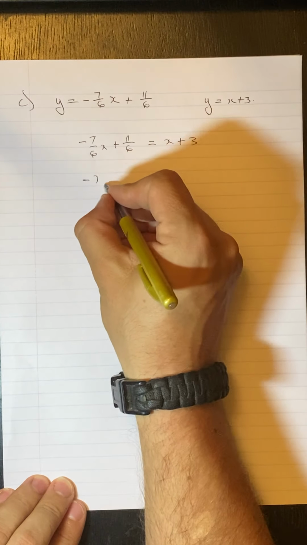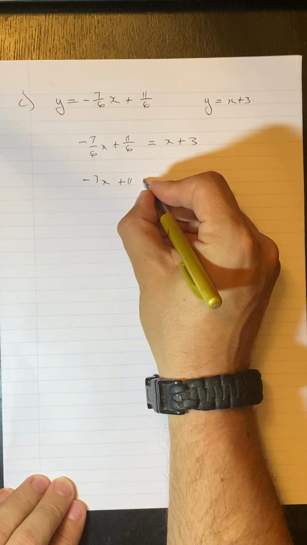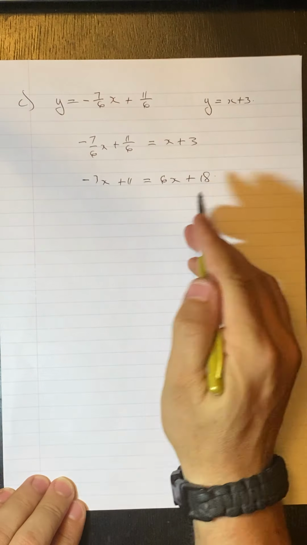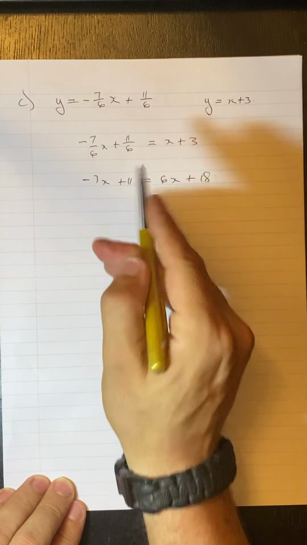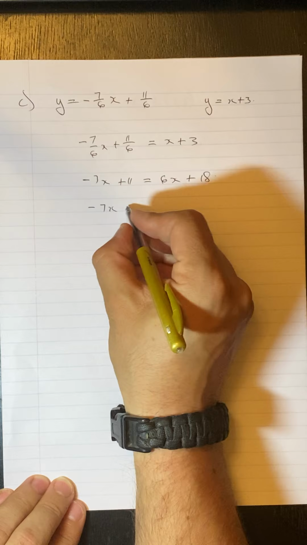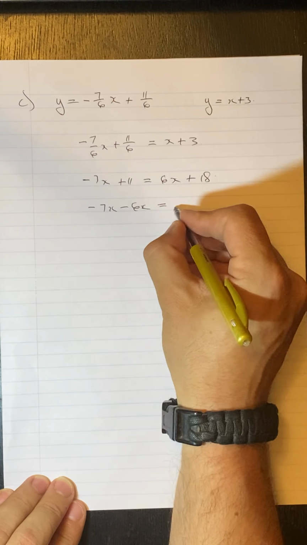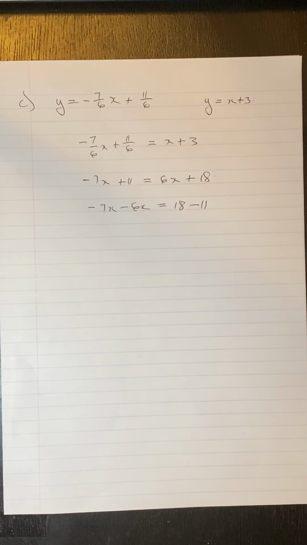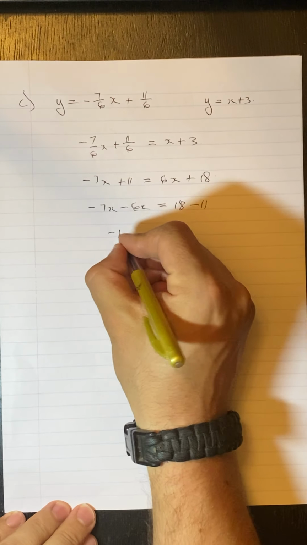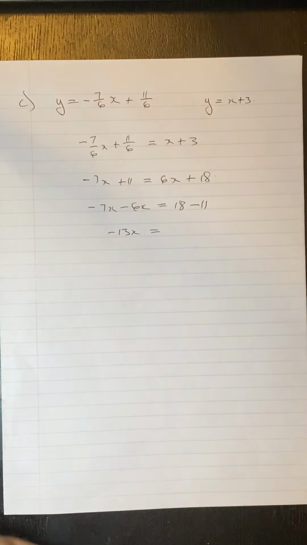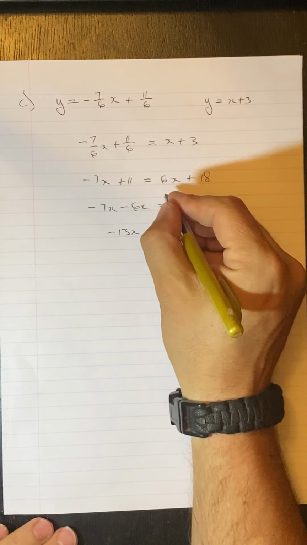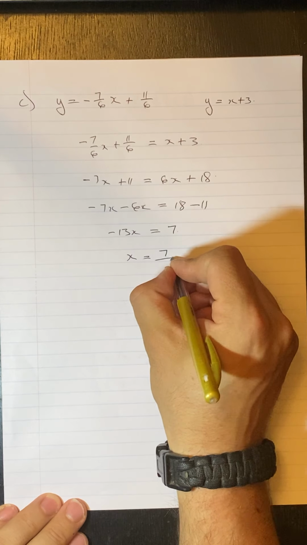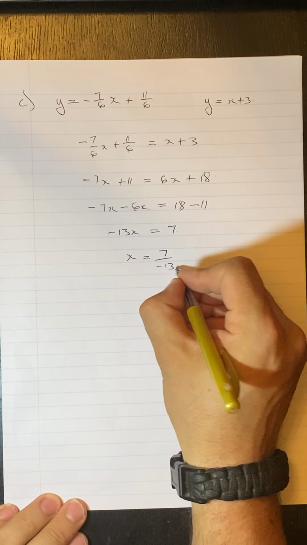So we get -7x plus 11 is equal to 6x plus 18. x to the one side, numbers to the other. We get -13x is equal to 7, so x is equal to 7 over -13.